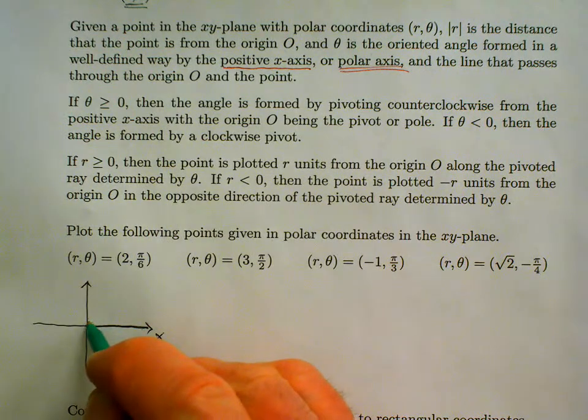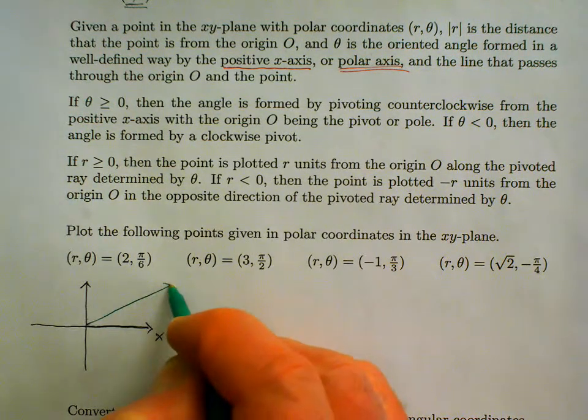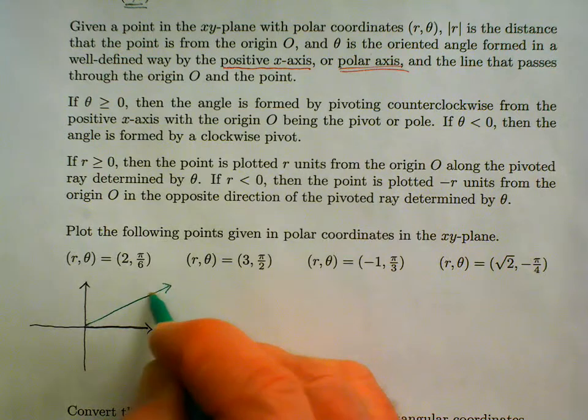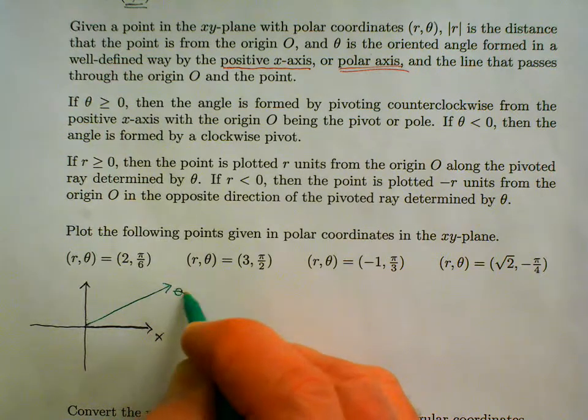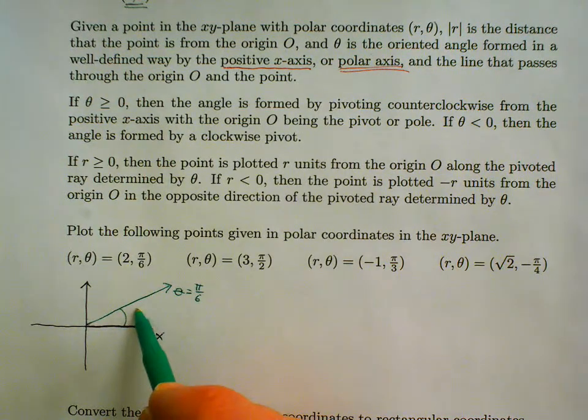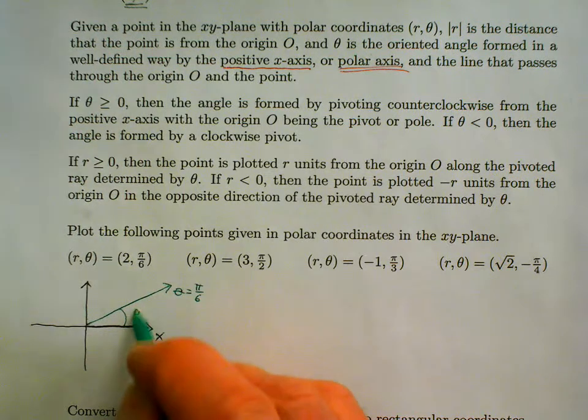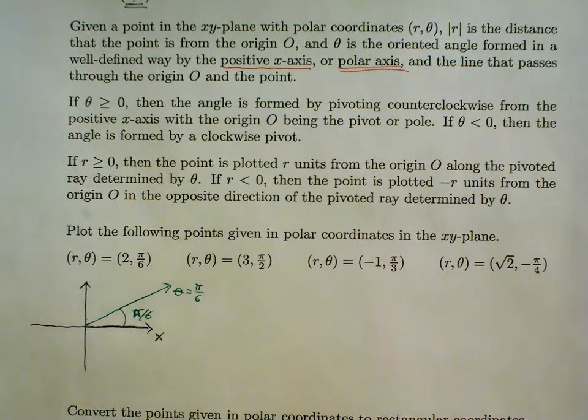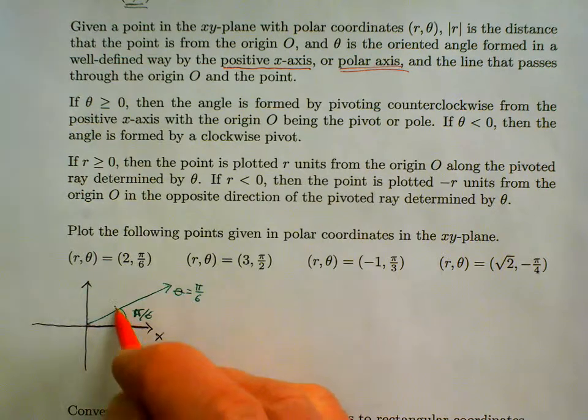We refer to that ray as theta equals pi/6. That's the size of this angle. And since the r value is 2, then from the origin we measure 2 units.